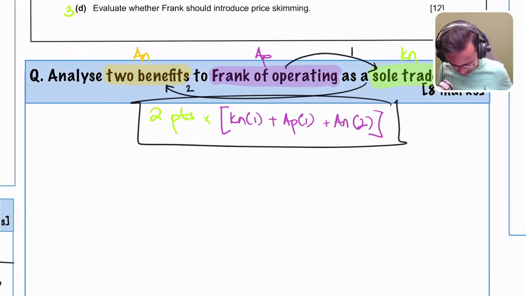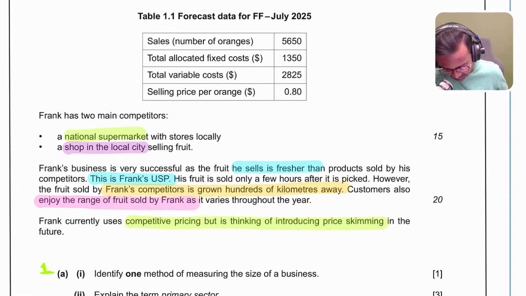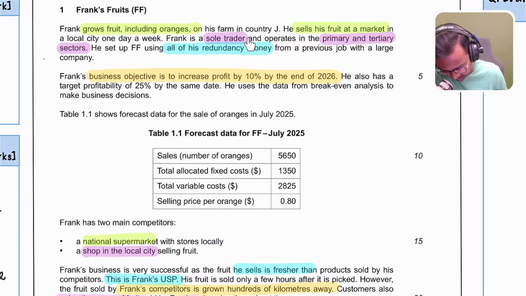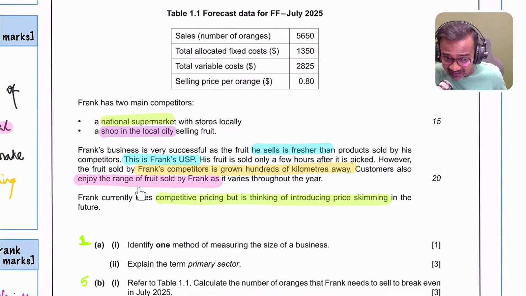So I'm going to start my answer. Just got to remind you again that the things where we saw that he was a sole trader were mentioned here. So Frank is a sole trader, operates in the primary and tertiary sector. He set his own objectives, so that is also something we can use in the application. He also decides himself what range of fruit to be sold, and that means complete decision making power.